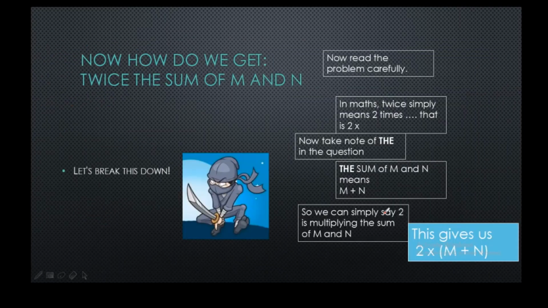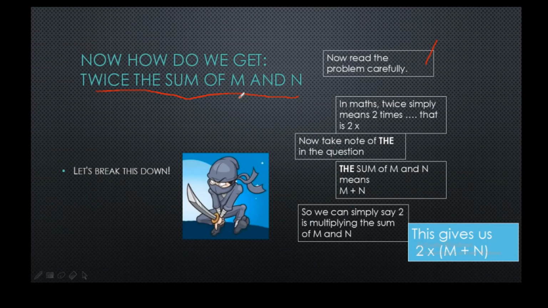Now, how do we get twice the sum of m and n? So this is another word problem. The first thing you have to do is to read the problem carefully. How do we get twice the sum of m and n? So this is the word problem. Twice the sum of m and n.